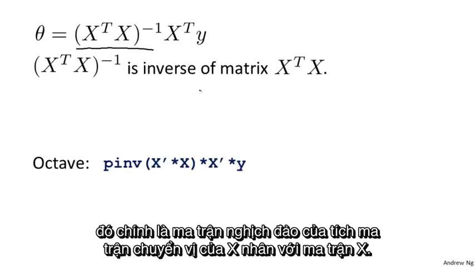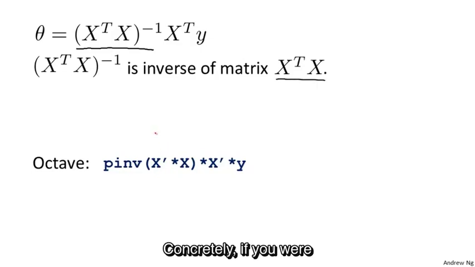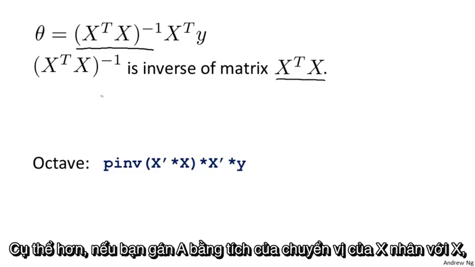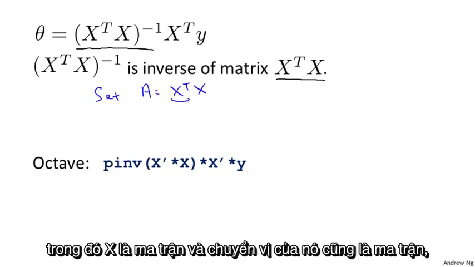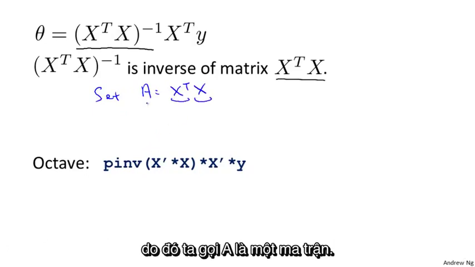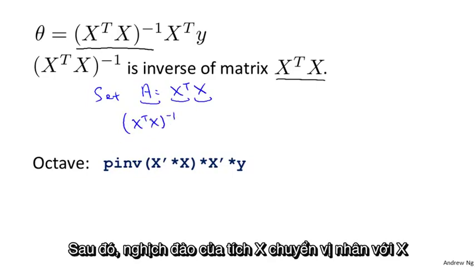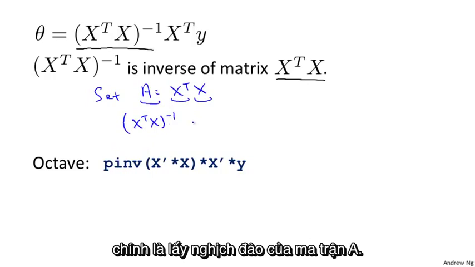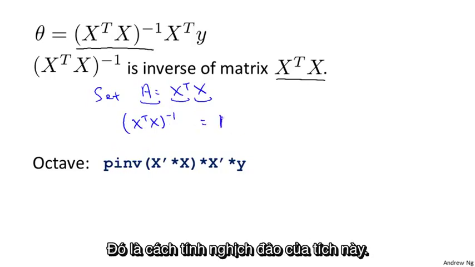Well, it is the inverse of the matrix X transpose X. Concretely, if you set A to be equal to X transpose times X, which gives you another matrix that we call A, then X transpose X inverse is just taking this matrix A and inverting it. That's how you compute this thing: you compute X transpose X, and then you compute its inverse.